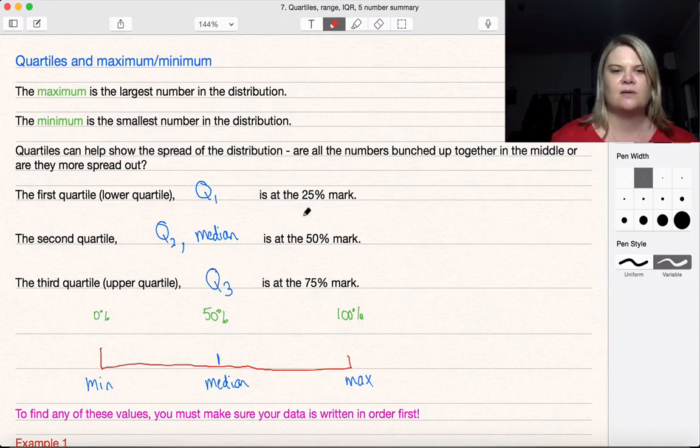And now we can start to look at the quartiles. So halfway between the minimum and the median is the 25% mark. That's our Q1.